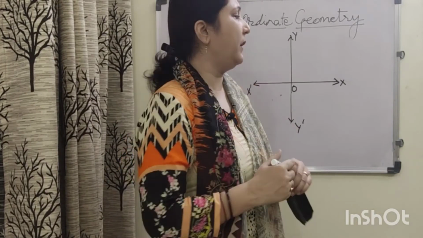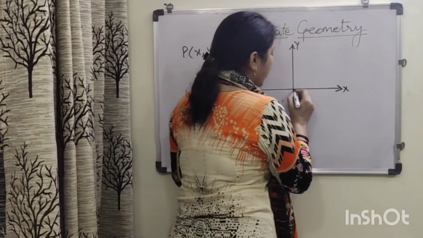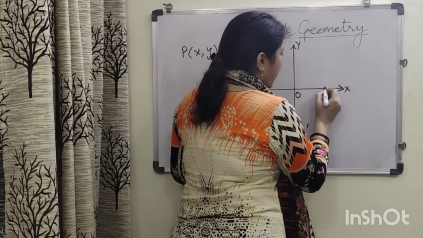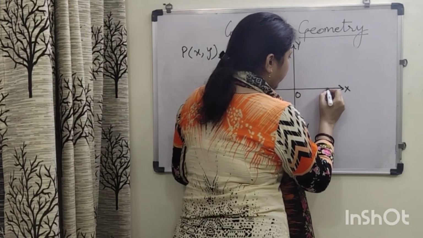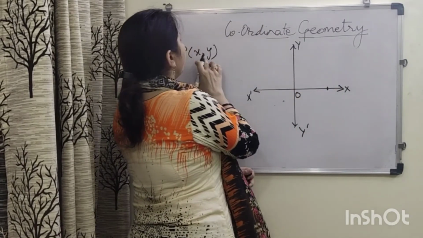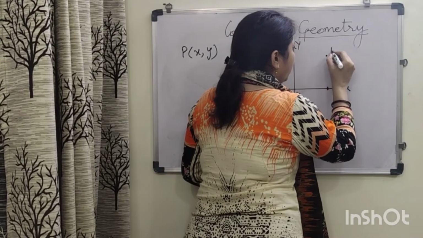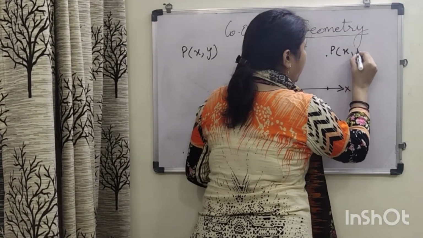For example, if you want to locate x, y, that means the point is at a distance of x from y axis, and at some distance y from x axis. So this is point x, y.